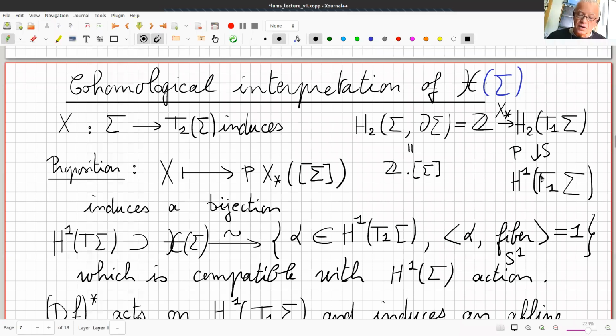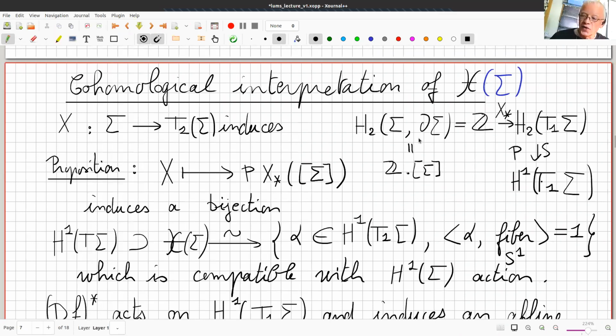Excuse me, Professor. By H2, the second homology, you mean the relative homology with respect to the boundary, unless it would be zero. Yes.